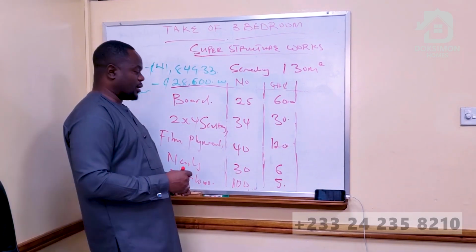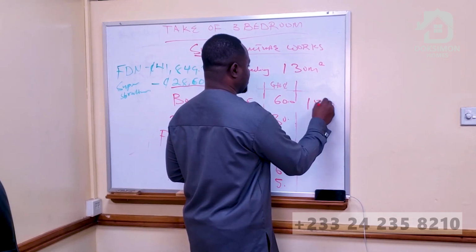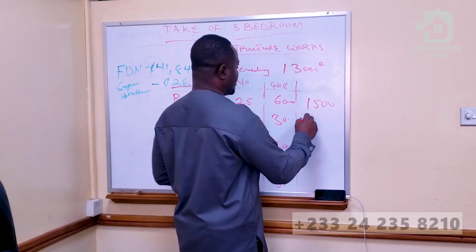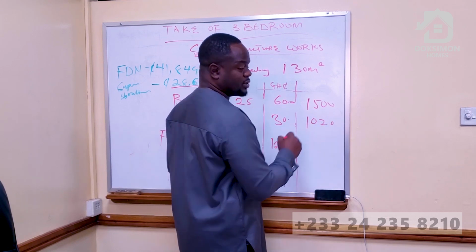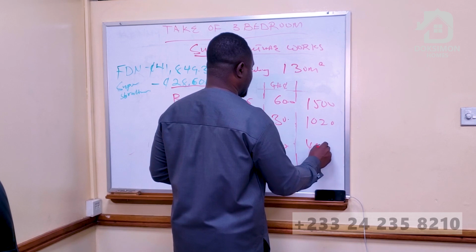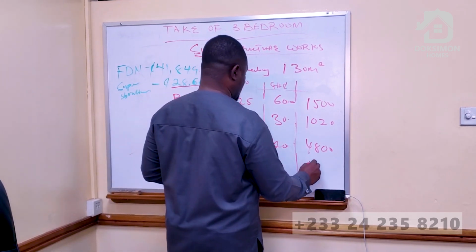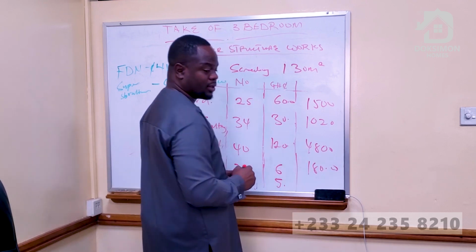So in total, this gives us 1,500. Then we have 1,020 Ghana cedis. Then we have 4,800. Then we have our 180 Ghana cedis.